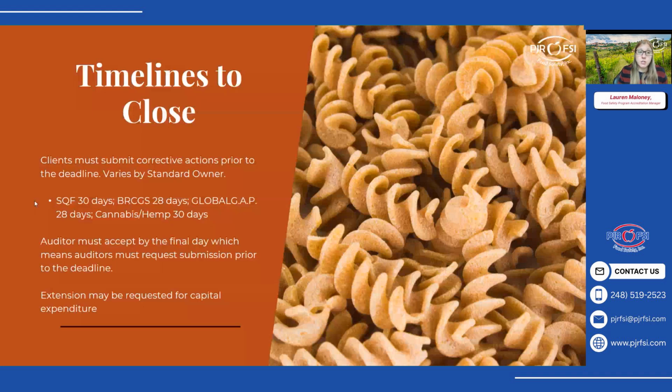Sometimes an extension may be requested, but that's in very rare situations where capital improvement might be required, like contracting a company to come and fix the floors. Usually you can close a nonconformity with a PO or a contract approval, and then request an extension through the office.